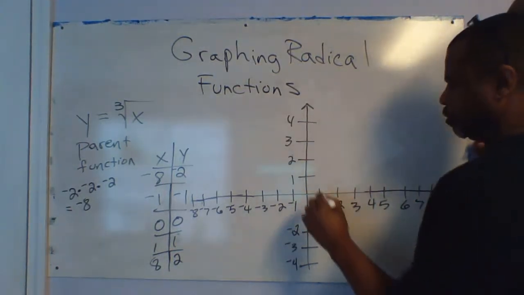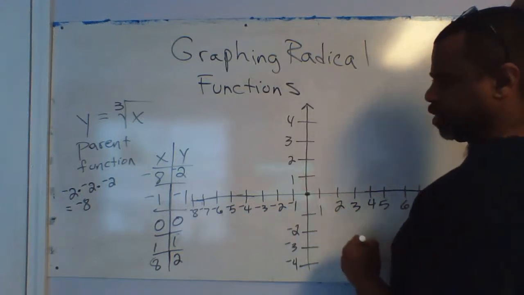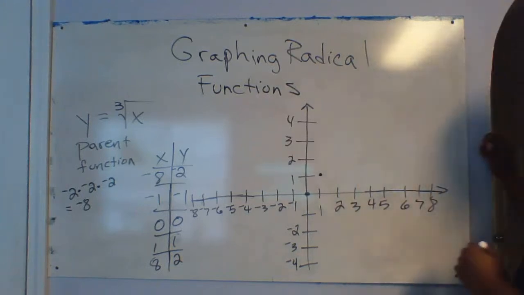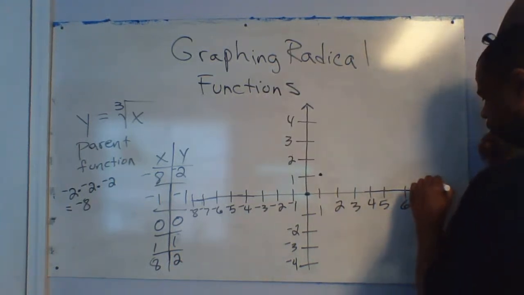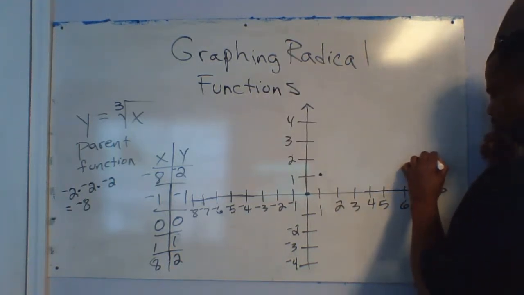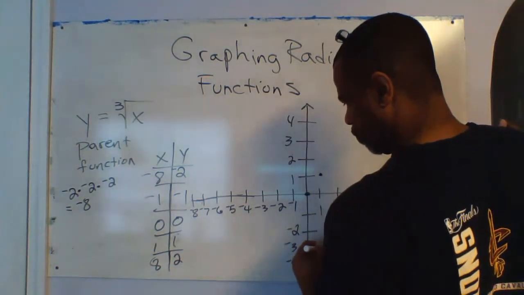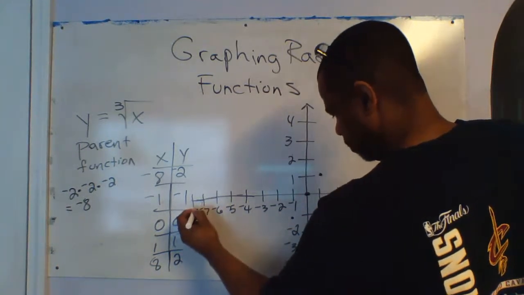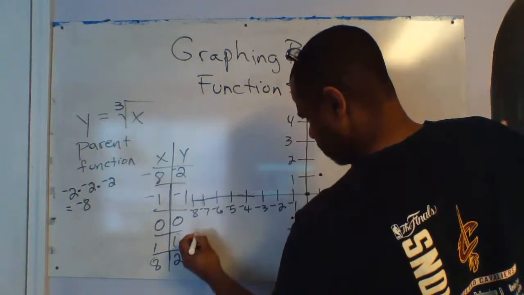So 0, 0 will start at the origin. Then 1, 1 would be right here. And 8, 2 is going to be right here. Then negative 1 is negative 1, and negative 8 is negative 2.